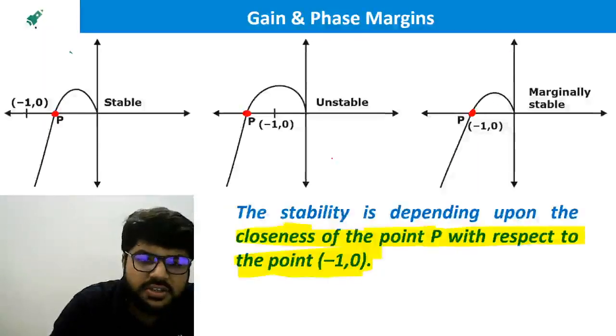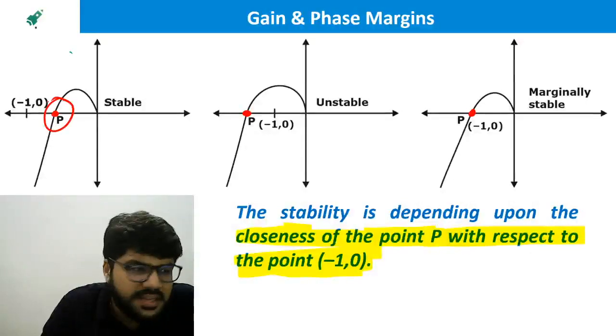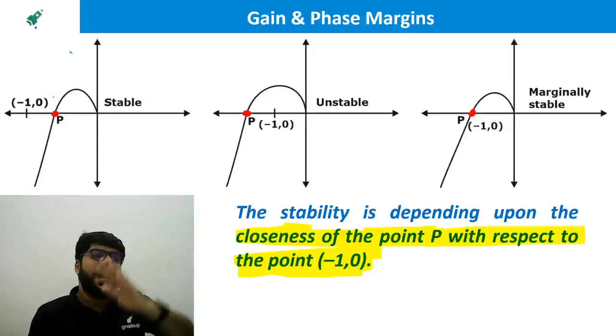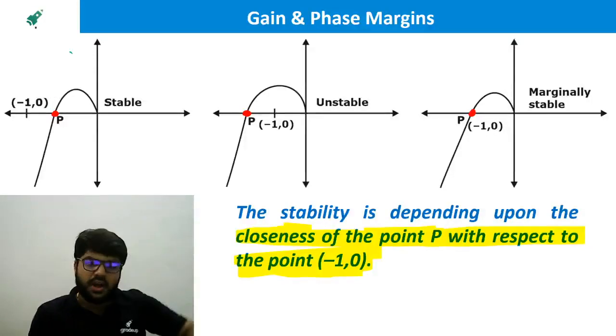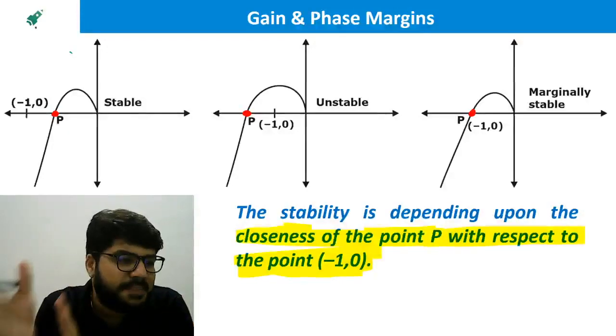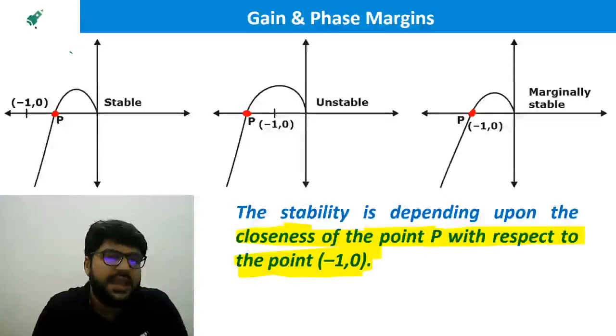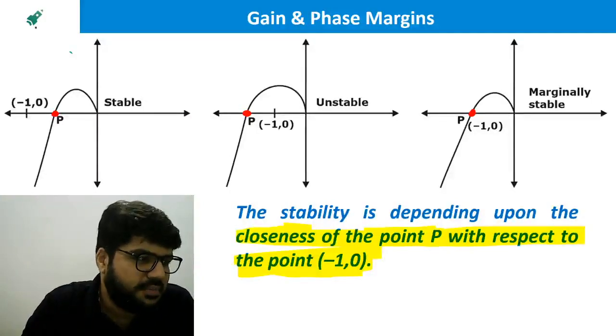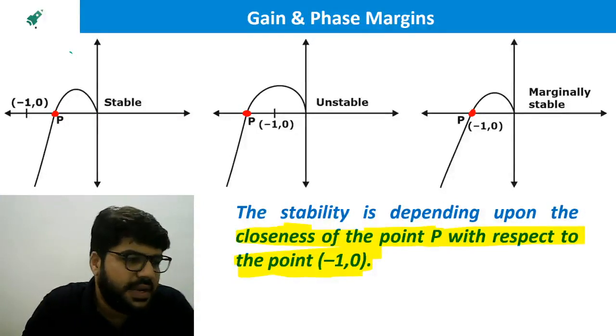Okay, and based on the closeness of this point with respect to -1, 0, whether it is before -1, 0, after -1, 0, crossing -1, 0, where is the location of the point P with respect to -1, 0 is going to determine the stability of the system.